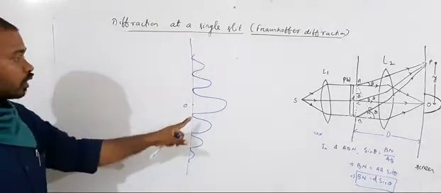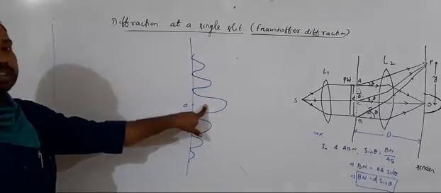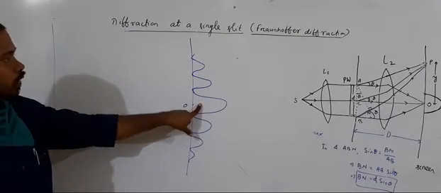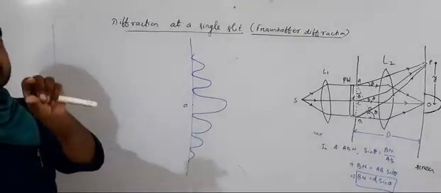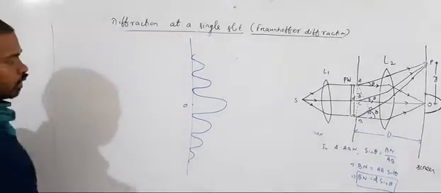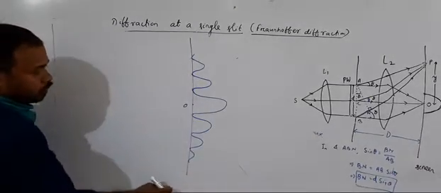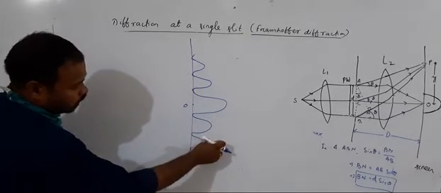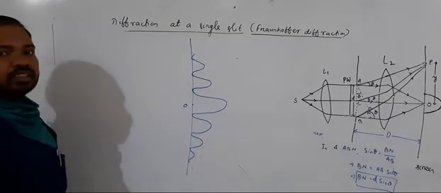Okay. So what is the difference between this diffraction pattern and interference pattern? One difference is that in the interference pattern all bright fringes have equal intensity, but in the diffraction pattern the intensity of the bright fringes gradually decreases away from the center.